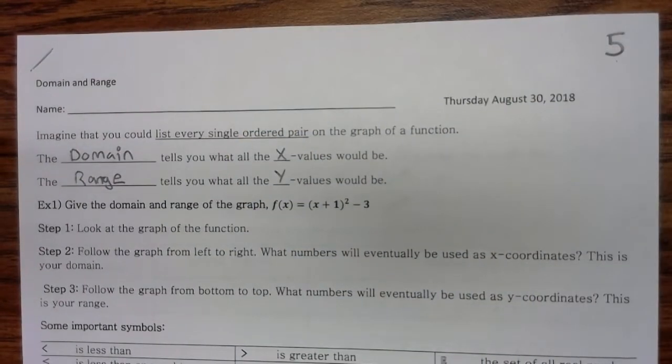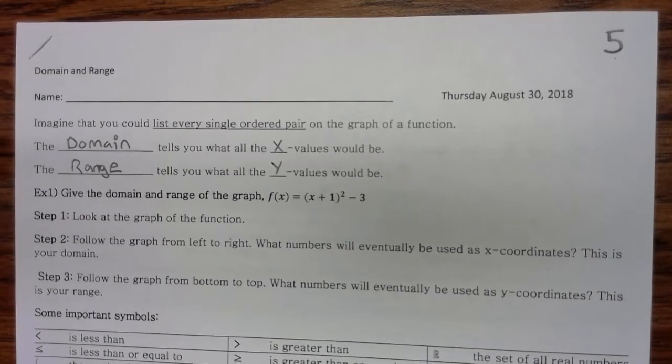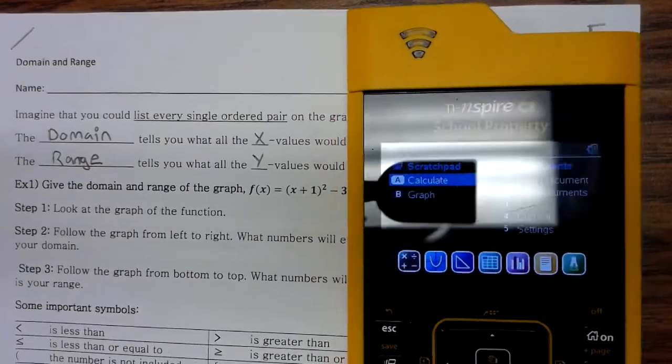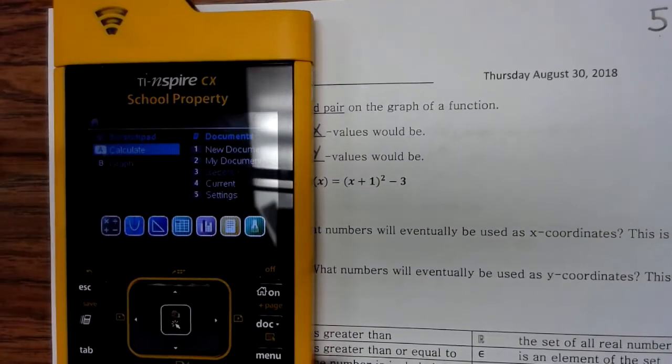Give the domain and range of the graph f of x equals (x plus 1) squared minus 3. It says look at the graph of this function, so let's do that. Now, I'm going to use the Inspire to graph that. If you don't have an Inspire with you, you can wait till class to watch this video.